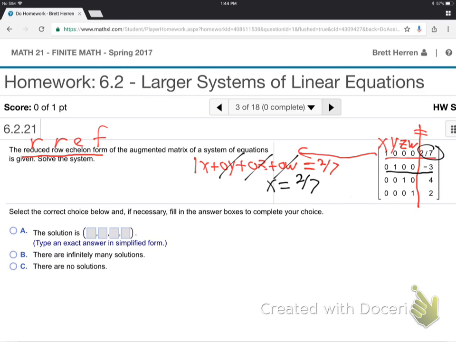The second row is saying 0x plus 1y plus 0z plus 0w equals negative 3, which means y equals negative 3. Everybody see that? Do you see now why those 1s are down the diagonal like that? Because that means it's a 1 for just that letter and the others are zeros.